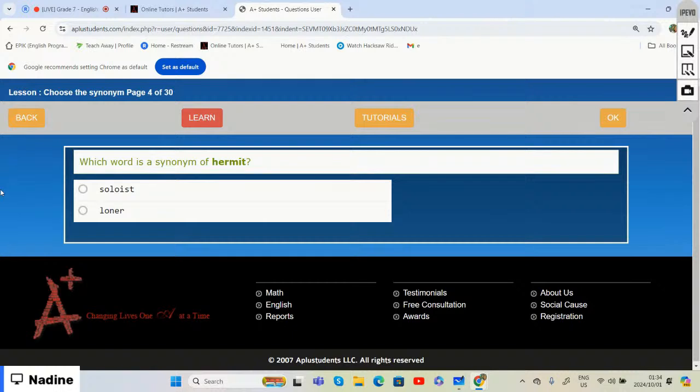And the meaning of hermit: a hermit is a person who lives alone and lives far away from people and society, especially for religious reasons.